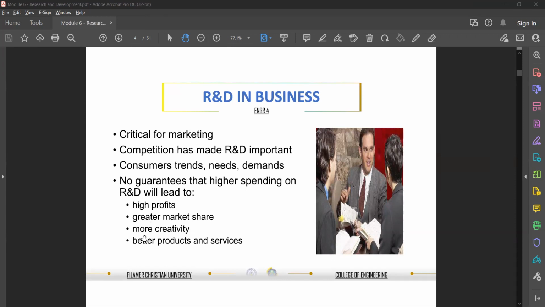Maging sikat ka ba na brand? Or more creativity, then better products and services. So some products or services in business may fail or it might be a success. So there's no guarantee in terms of research and development.